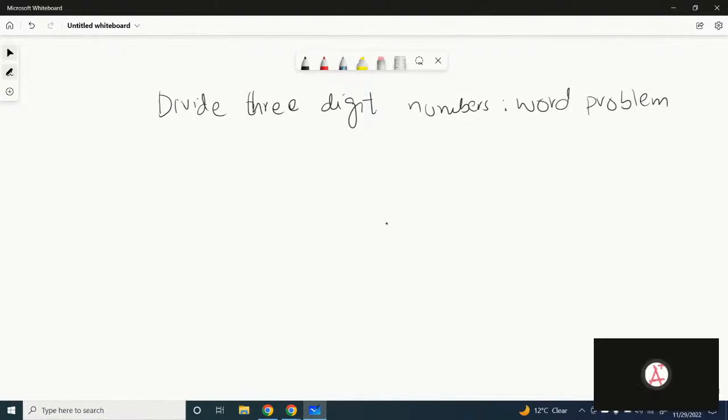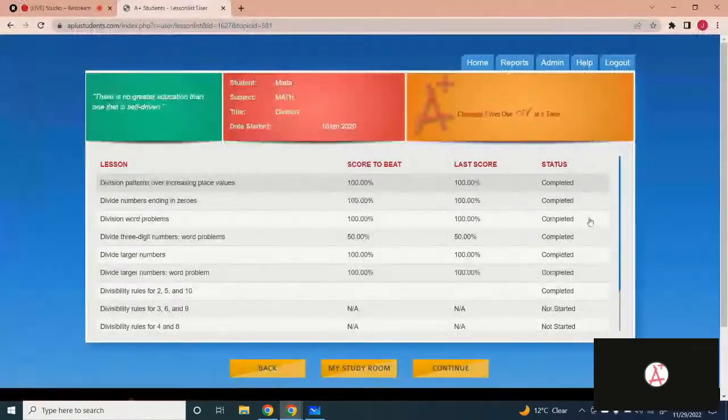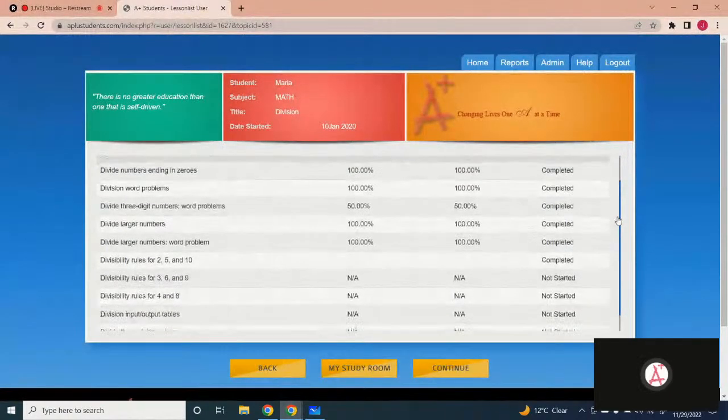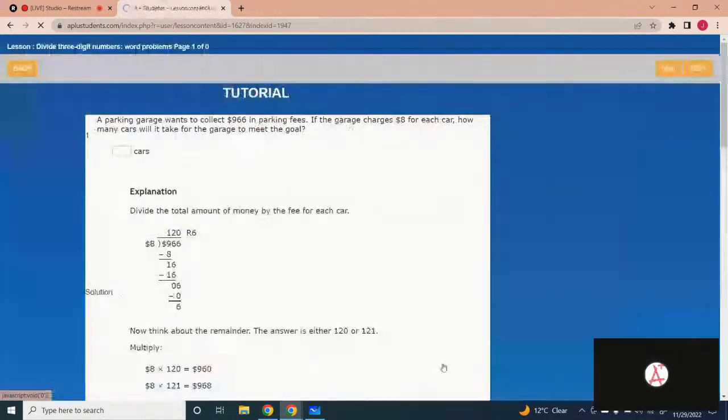Okay, let's start with the lesson. Divide three digit number, word problems. Okay, here is the lesson we're going to start with. Let's start with the lesson.